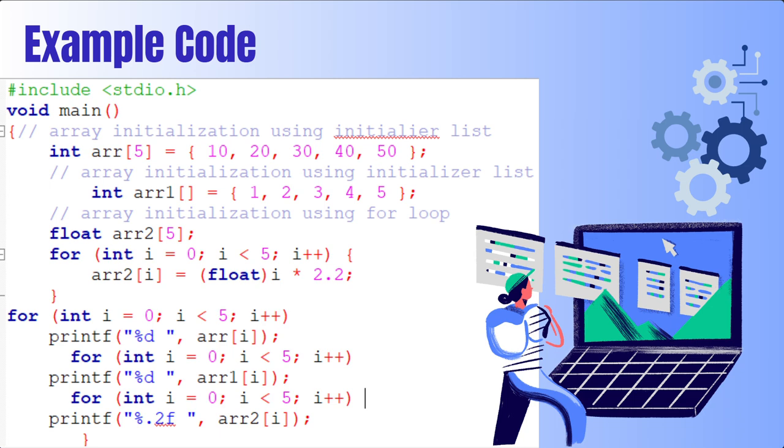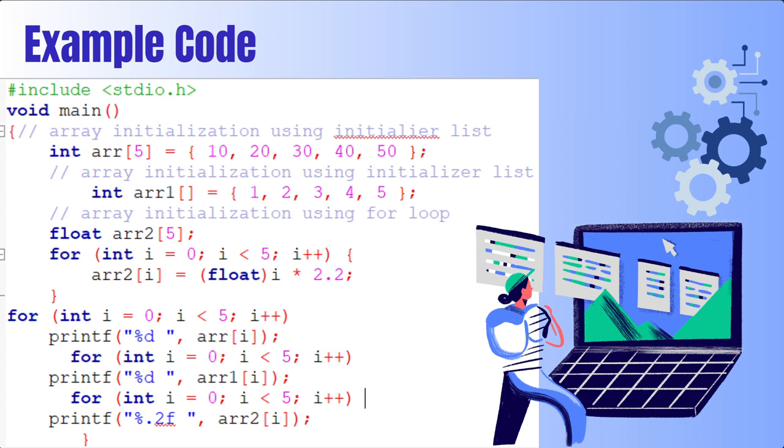arr[i], which is arr[0], is equal to (float)i times 2.2. Why are we writing float here? Because the data type of i has been declared as int. For integer variables, we cannot use decimal points to initialize values inside the loop.